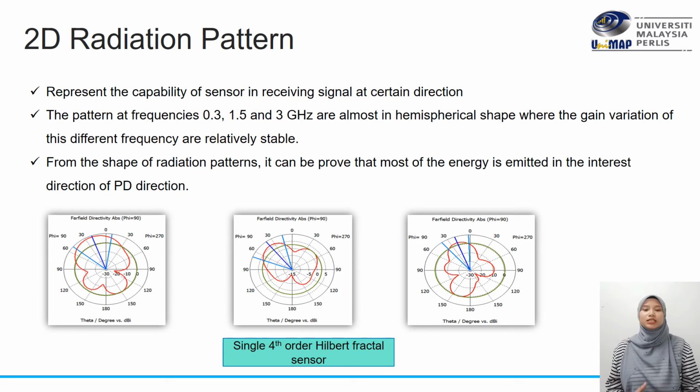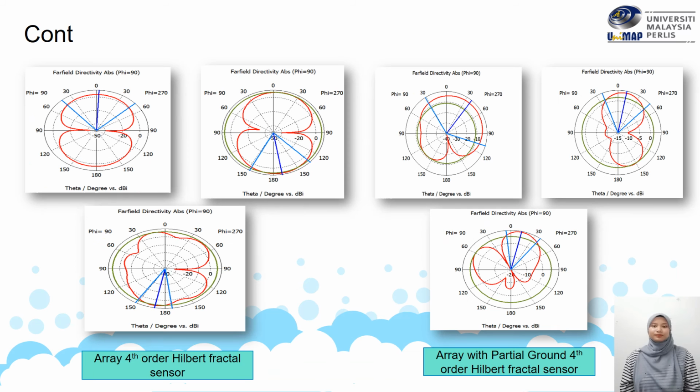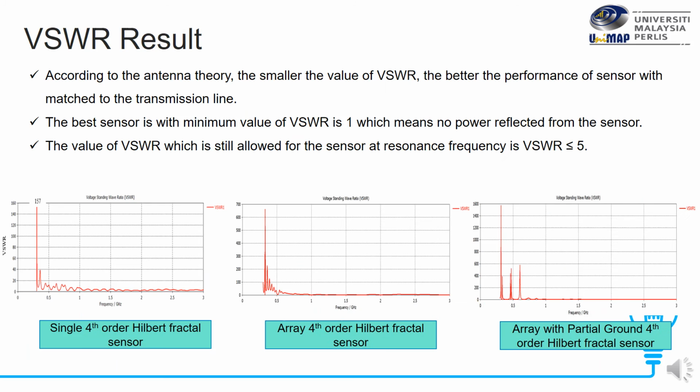For 2D radiation patterns, this simulation result represents the capability of the sensor in receiving signals in certain directions. And from the radiation pattern shapes, it proves that most of the energy is emitted in the direction of interest of PD. And these are the radiation patterns of the three sensors.